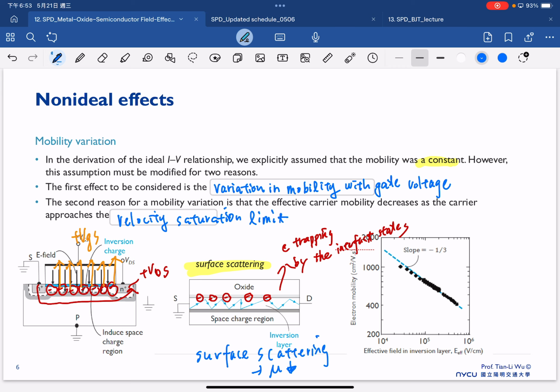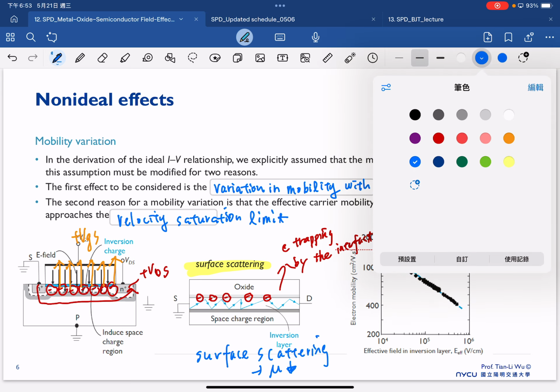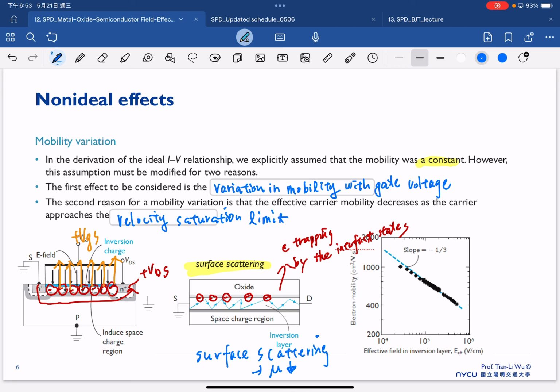This is our mobility versus our applied electric field.